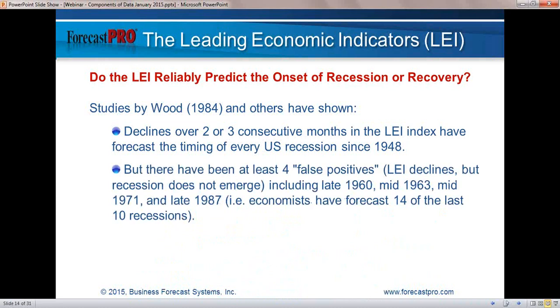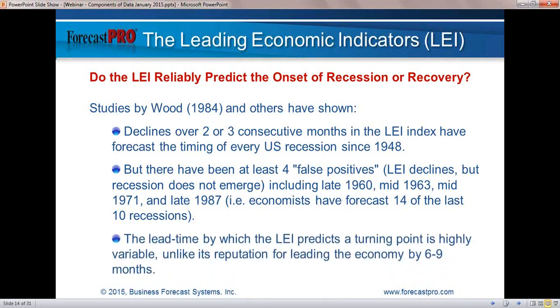We expected to go into a recession, but we didn't. And that leads to this clever phrase at the bottom that economists have forecast 14 out of the last 10 recessions. Okay, so it's kind of a good news, bad news scenario. And furthermore, to get these results, which I would call not great results, they had to loosen up some of their assumptions.